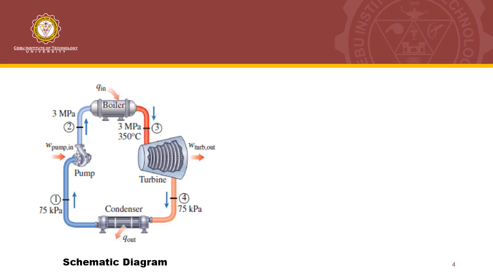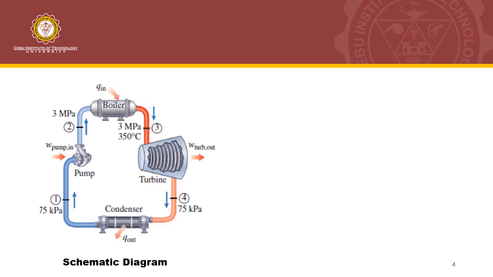Point 3 is where the steam enters the turbine, and it is given in the problem that it has a pressure of 3 megapascal and a temperature of 350 degrees Celsius. Also, we are given that it is condensed at the condenser at a pressure of 75 kilopascal.